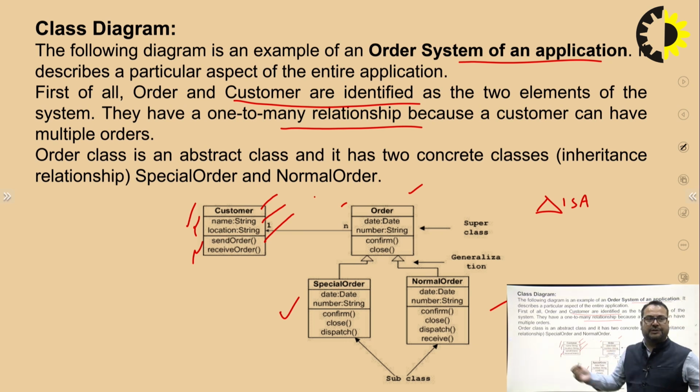The association between objects could be one to one, one to many, many to one, or many to many. That could be represented by these numbers, 1 and n, meaning one to many. A customer could have so many orders. This one to n communication could be shown on the line.